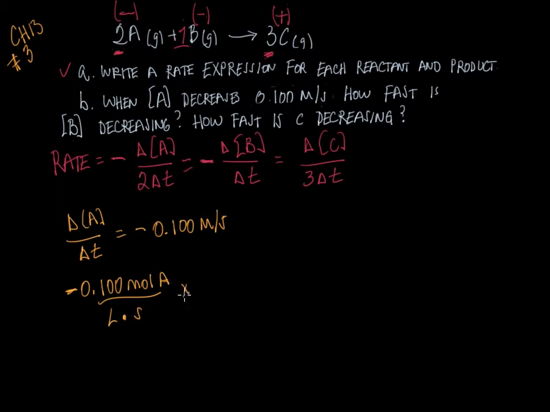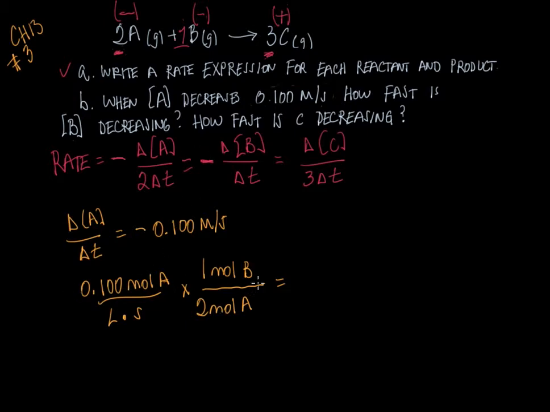So if we look at the balanced chemical equation, we can see that 1 mole of B reacts with 2 moles of A. Okay, and I would actually just ignore the sign here for now and just put it in at the end.